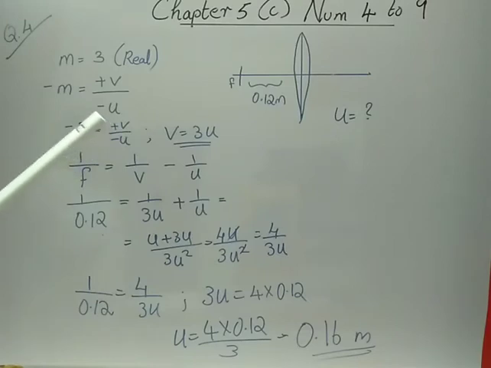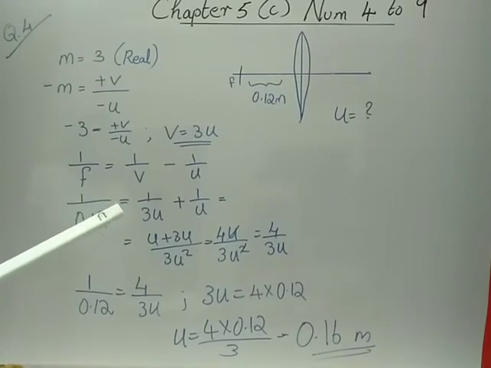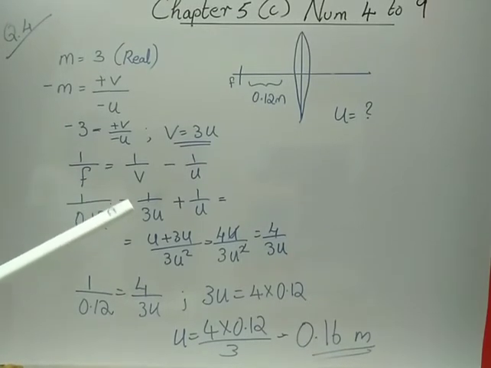Okay, first, question number 4. Where should an object be placed in front of a convex lens of focal length 0.12 meter to obtain a real image of size 3 times the size of the object on the screen?